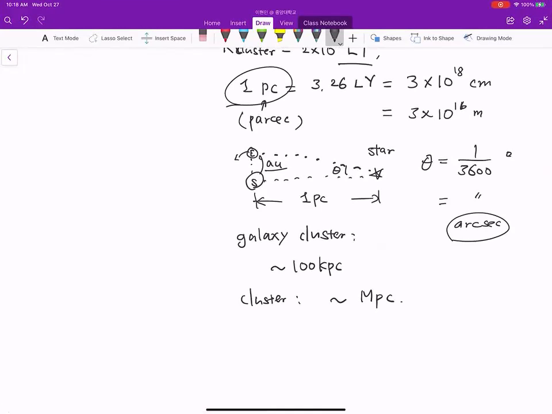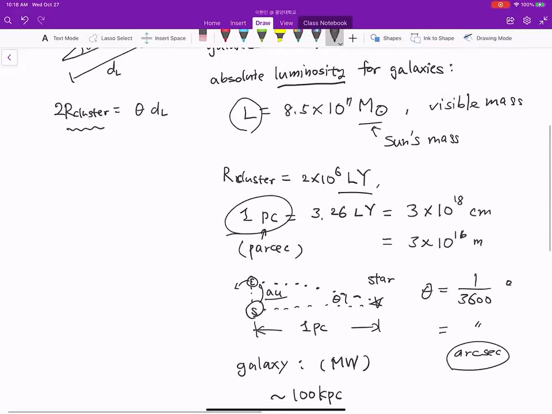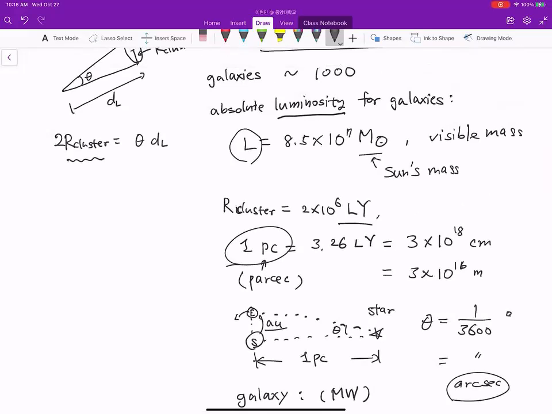The Coma cluster is one of the galaxy clusters. So about a million parsec, megaparsec.